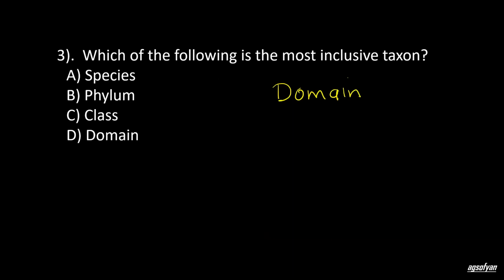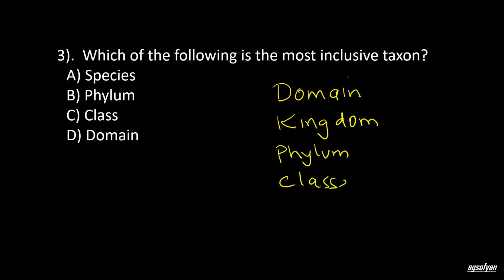Okay, there are 3 domains of organism. Remember, bacteria, archaea, and eukarya. And then under the domain, there is a kingdom. And there are 5 kingdoms of organism. Under the kingdom, there is a phylum. Under the phylum, there are classes.